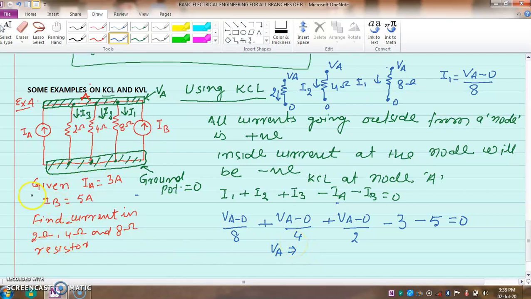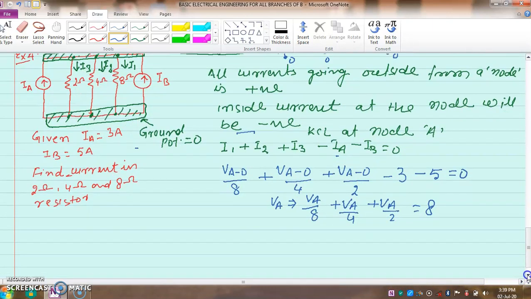How much will you get for the value of VA? Just take the LCM: VA by 8 plus VA by 4 plus VA by 2 equal to 8. So you need to solve this equation and you will get the value of VA. I am solving it.